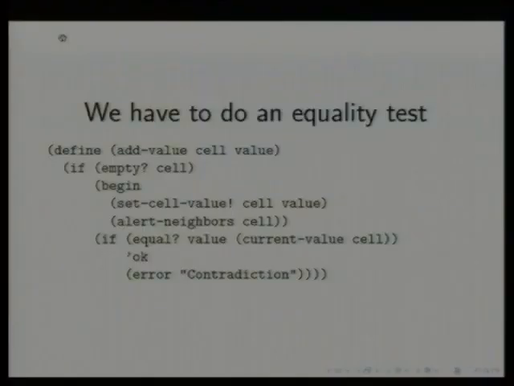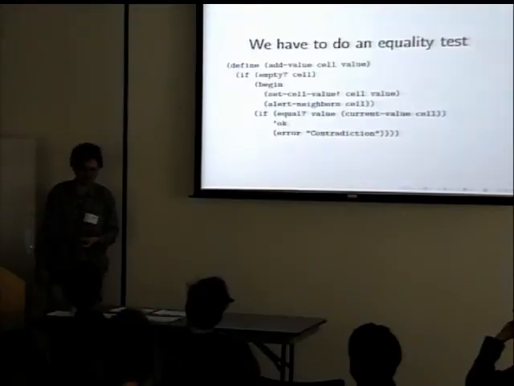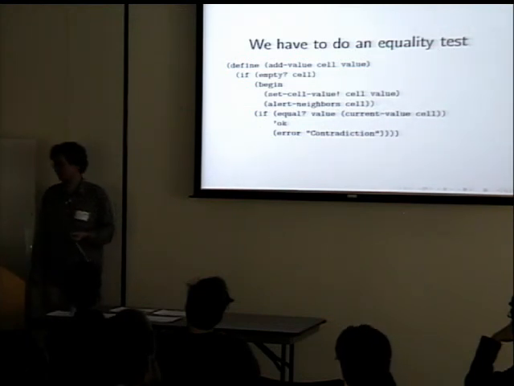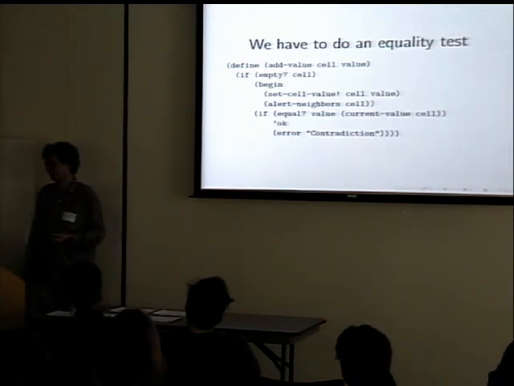So you bite the bullet, and the least invasive thing you can do with a bitten bullet is introduce an equality test. So you had an old value, you're getting a new value. What do? Well, if the new value is equal to the old value, then that's okay. That doesn't cause a problem, and that shouldn't cause any recomputations. So great. However, we've now pushed the problem into what equals means.